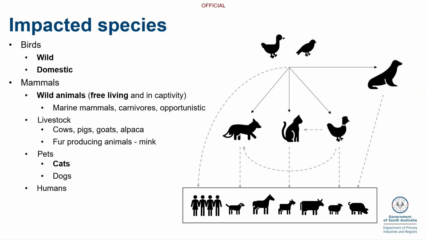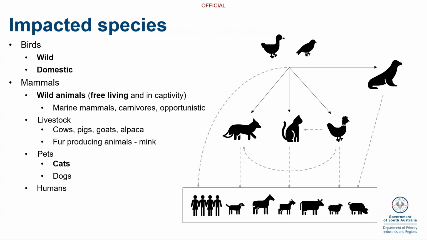scavengers or carnivorous mammals. So this could definitely include domestic pets, mainly cats, as they are more susceptible, but also dogs that have access to the outdoors, or maybe hunting and catching and even consuming small birds or other prey items that could be infected.